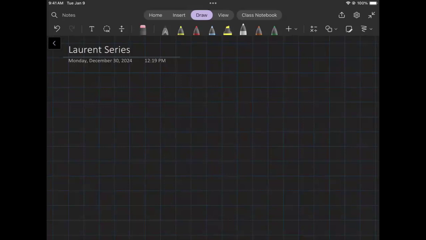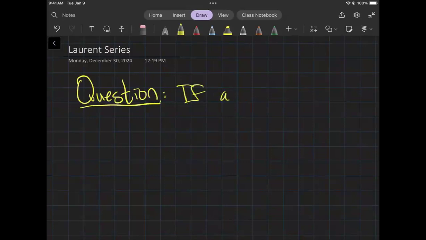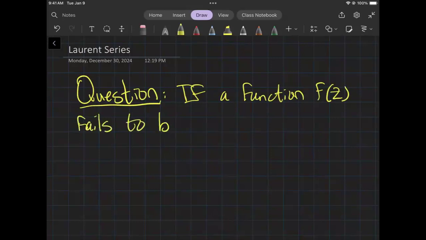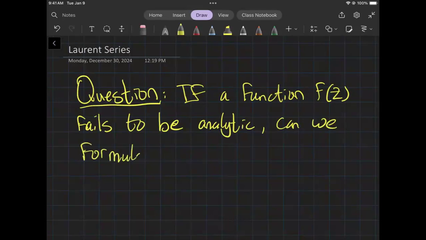Okay, so the question now becomes this. We want to ask ourselves: if a function f of z fails to be analytic, can we formulate a power series?